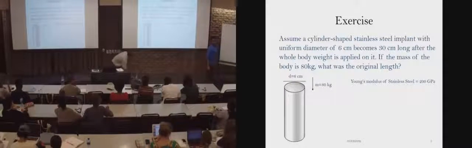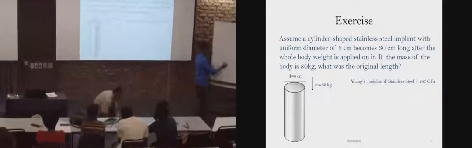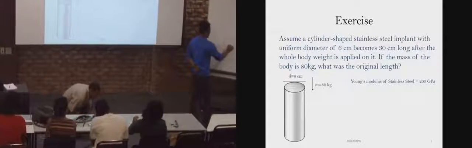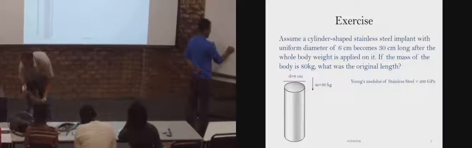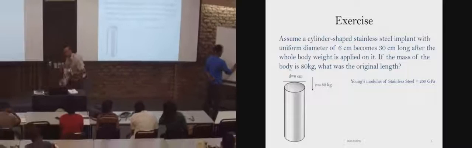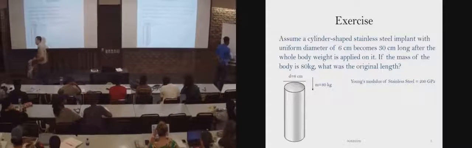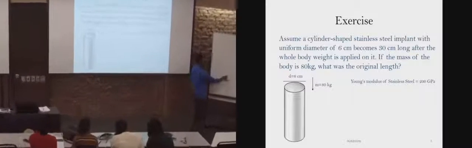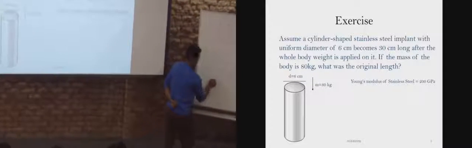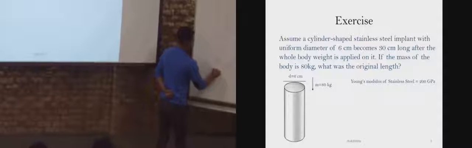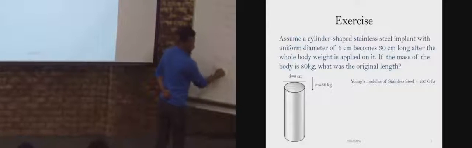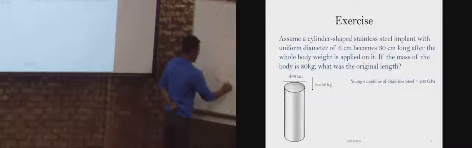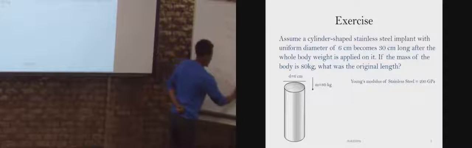If you cross multiply this, you will have Y A L naught minus Y A LF equals F L naught. So collect the same terms together. Y A L naught, if you bring this to this side, it will be minus F L naught, which is equivalent to Y A LF.